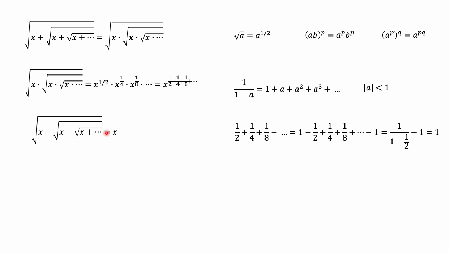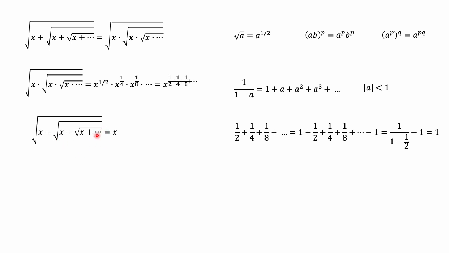Because if this dot dot dot was something finite, those two things would be different. But because it's repeated an infinite number of times, it doesn't matter whether you have an infinite number of times or infinite plus one number of times. It doesn't matter in this case. So what you have here and what you have here should be the same.